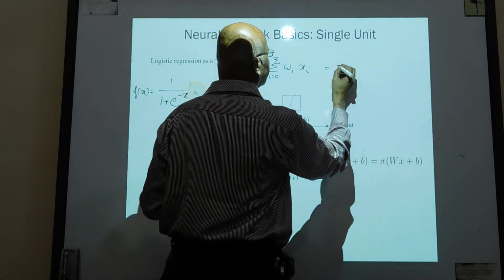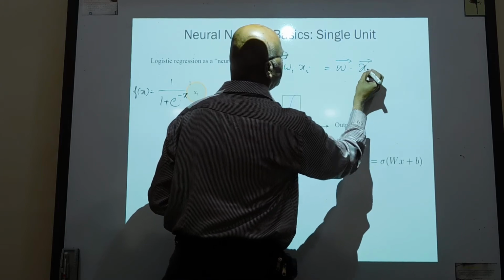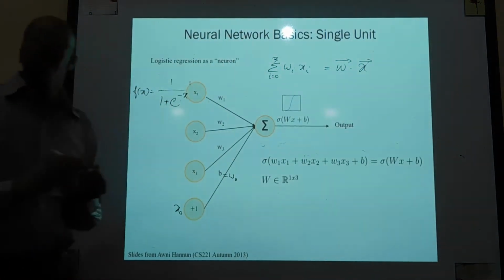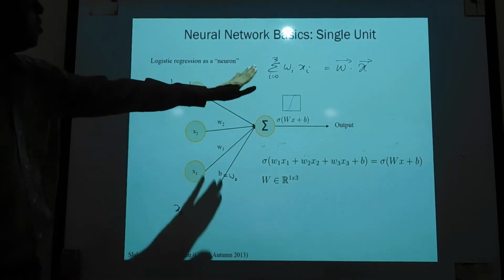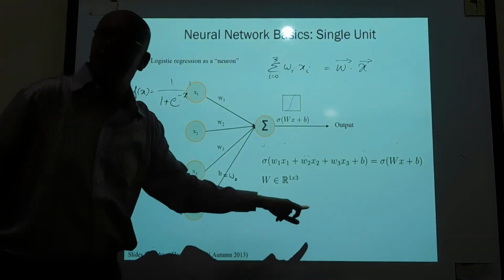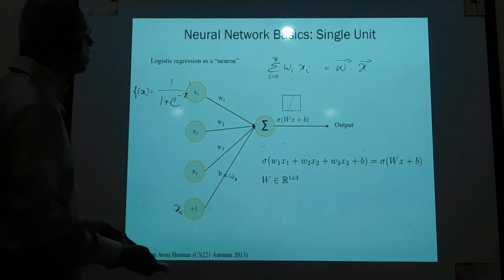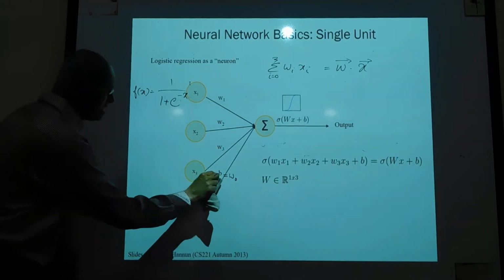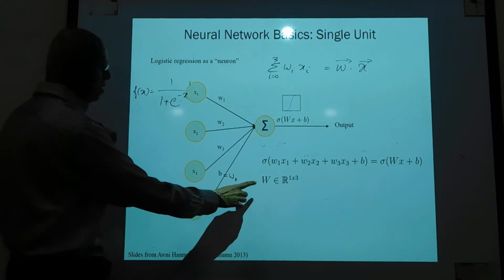Because this can be treated as the dot product of the input vector x and a weight vector w. That is the reason. So whether it is in MATLAB, it becomes much simpler. When you write a C or a Java program, it becomes easier to implement. But some people explicitly write a bias. We should get used to both of them.